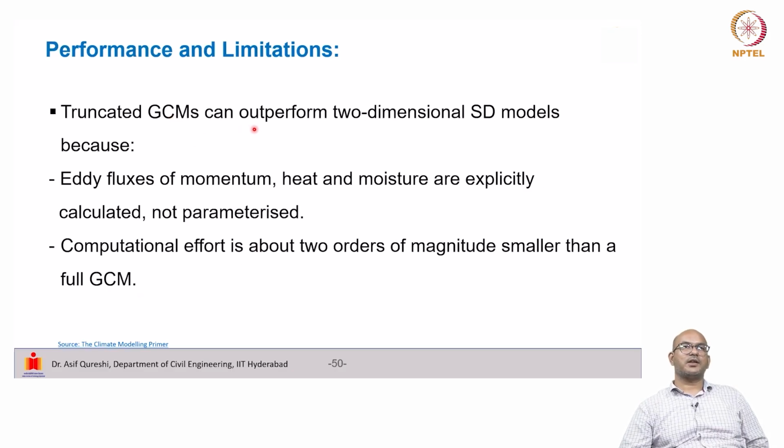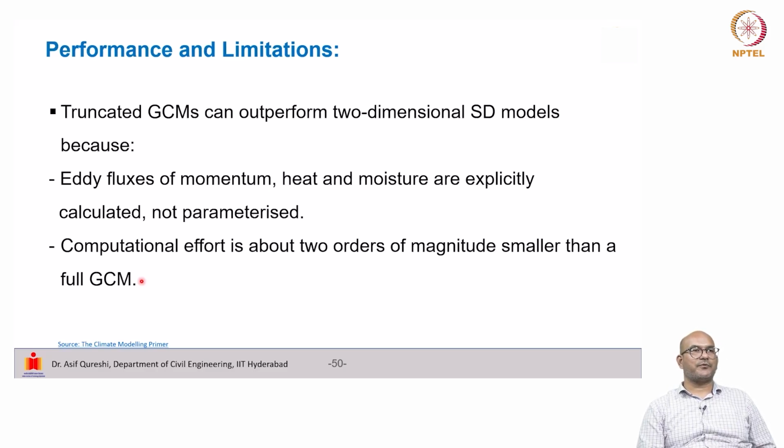Truncated GCMs can often outperform the two-dimensional statistical dynamical models, because the eddy fluxes of momentum, heat and moisture are explicitly calculated and not parameterized by statistics. So, we are actually doing mechanistic calculations. The computational effort is still two orders of magnitude lower than a full GCM. So, instead of 100 days, it is going to take 1 day for a simulation, as an example. That is a good improvement.